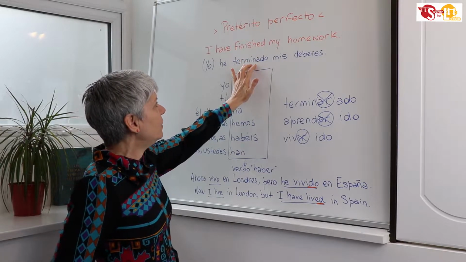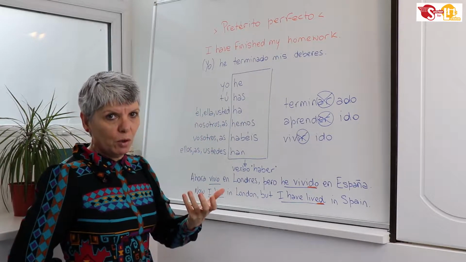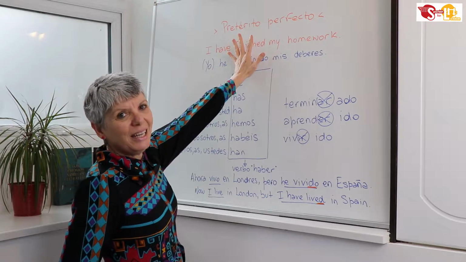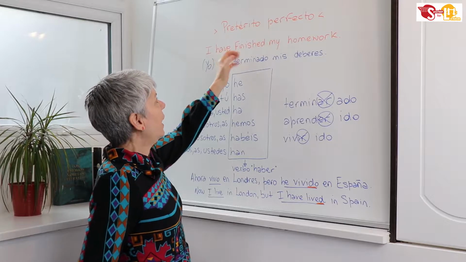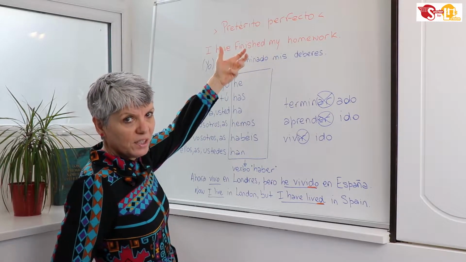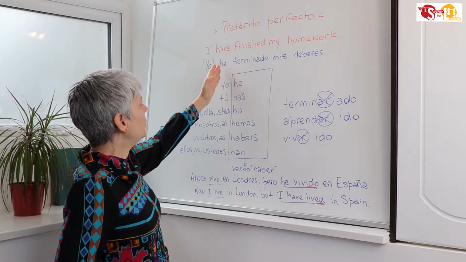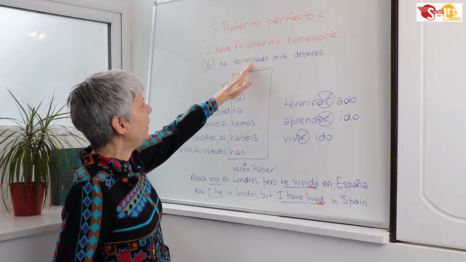Because in this verb we have the meaning of the action involved in the sentence. So yo he doesn't mean anything. I have to say, or I have done what? I have to put another verb to say which is the action involved. So this is the main verb. So we have to put el verbo haber, the verb for to have, and then the main verb.